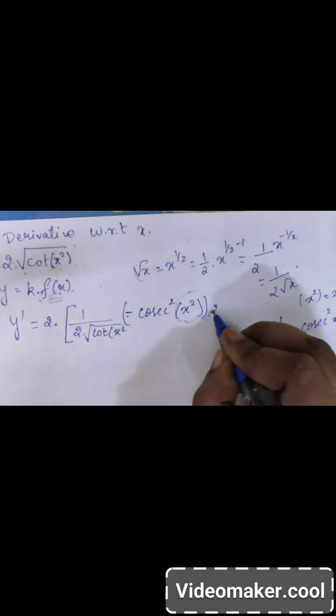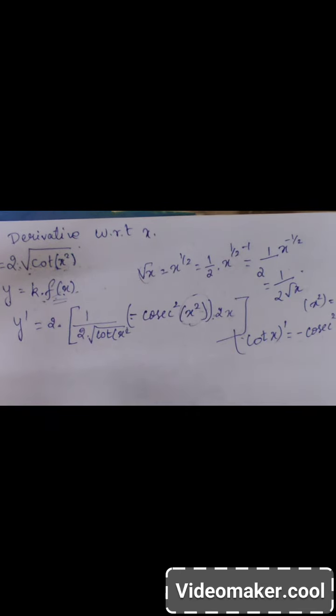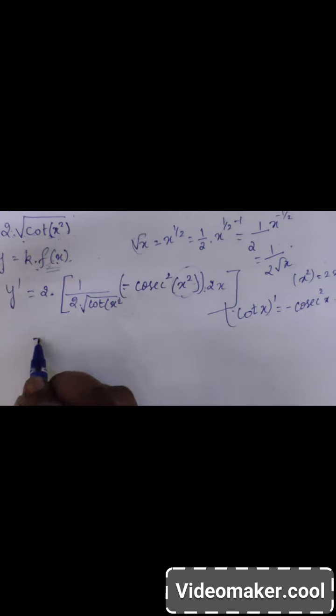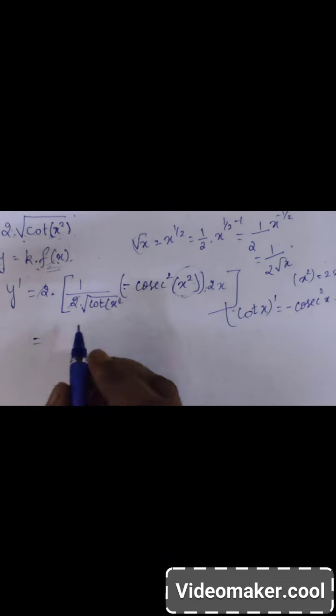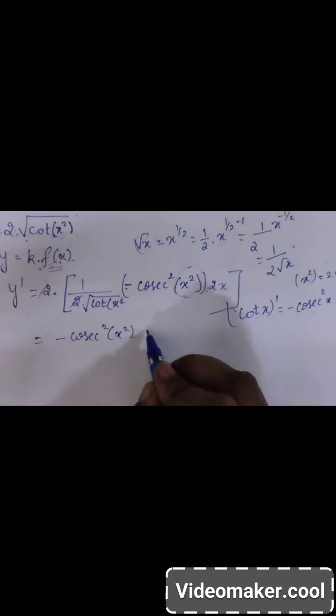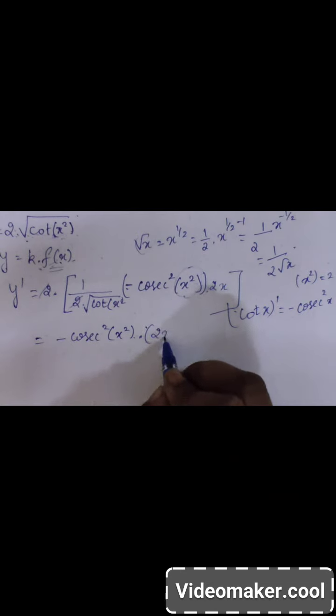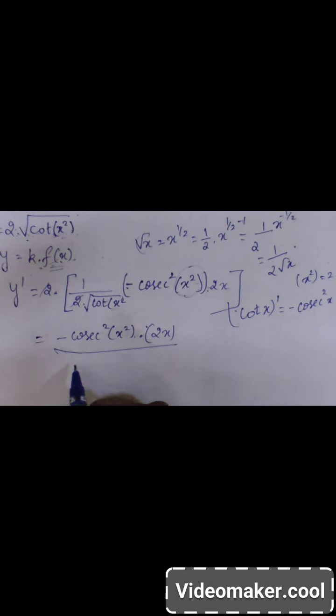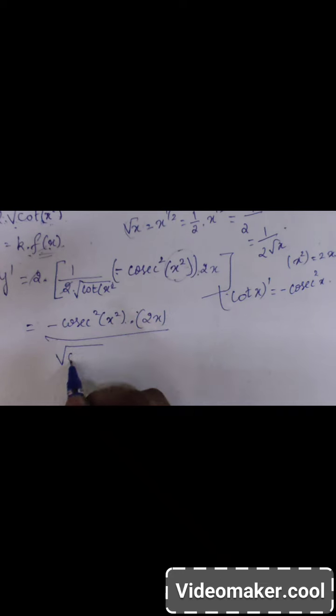The derivative of x square is 2x. Now we can cancel this 2 and this 2. So we will remain with minus cosecant square of x square into 2x divided by square root of cot of x square.